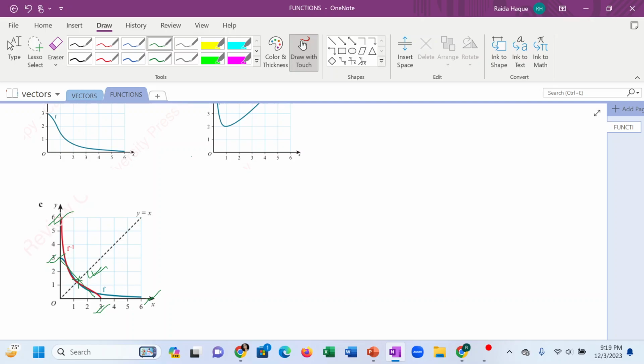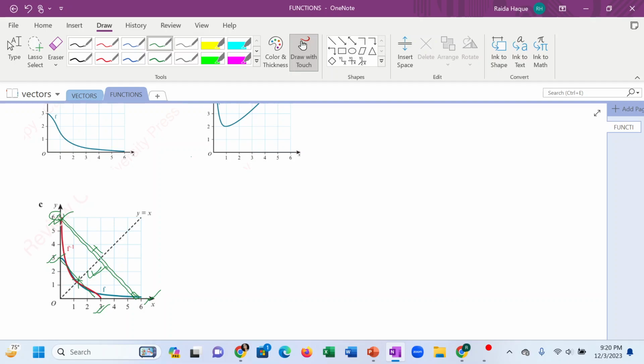There is another way you can figure it out. If you connect this point to the point that it was inverted to, this was the point from the original graph and this is the point from the inverse graph. If you join a line connecting these two points, this line will always be perpendicular to the line y equals x.